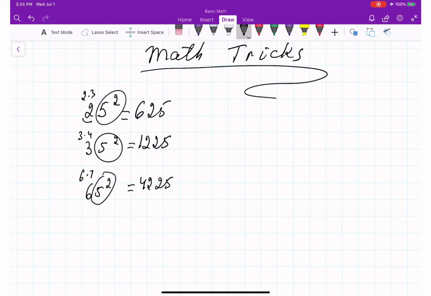Now, division by 5. Numbers that are divisible by 5 are all numbers that end only with 0 or 5. Let me see. 795 divided by 5.